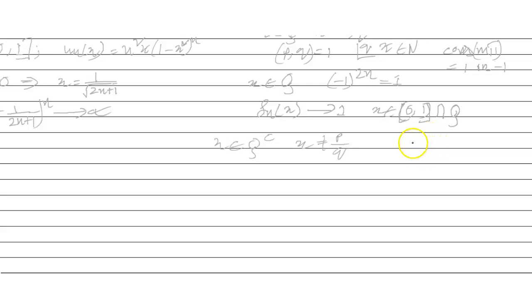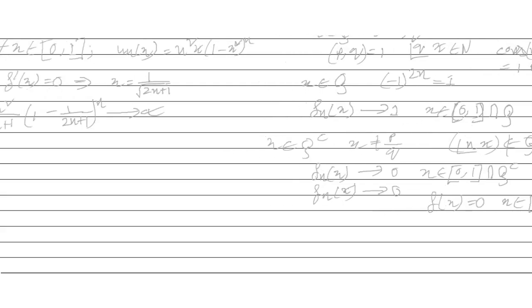So n factorial x does not belong to Z. So whatever I get, fn(x) tends to 0 when x belongs to [0, 1] intersection Q complement. So f(x) equals to 0 on [0, 1] intersection Q complement.